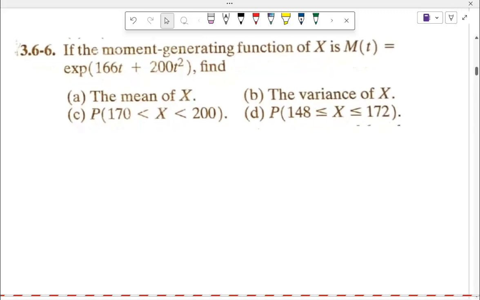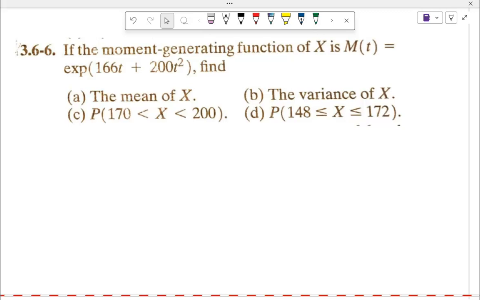The point of this particular problem is to recognize what type of distribution you have from the moment generating function. Well, we're in the normal distribution chapter section. So this is probably the moment generating function of a normal distribution, right?